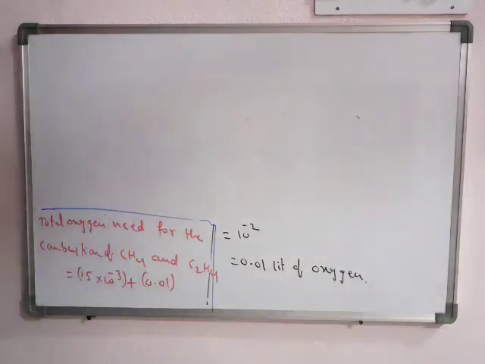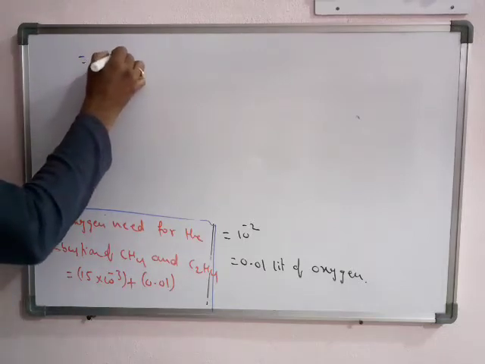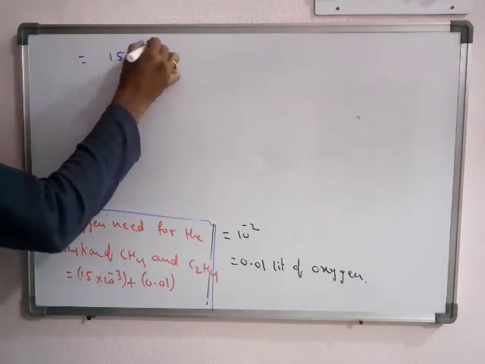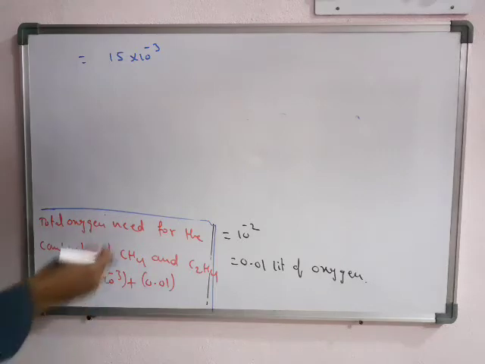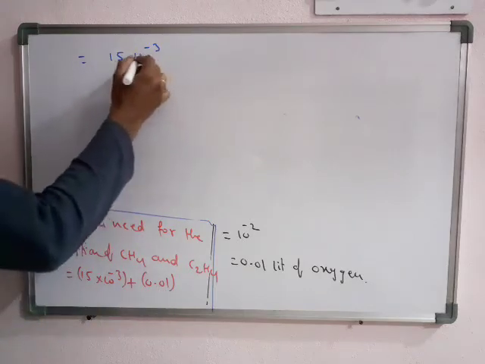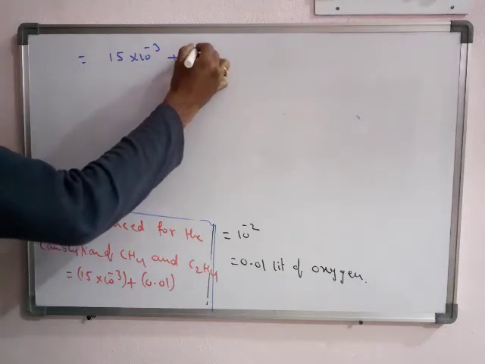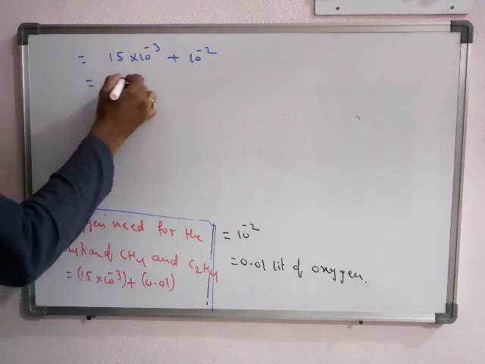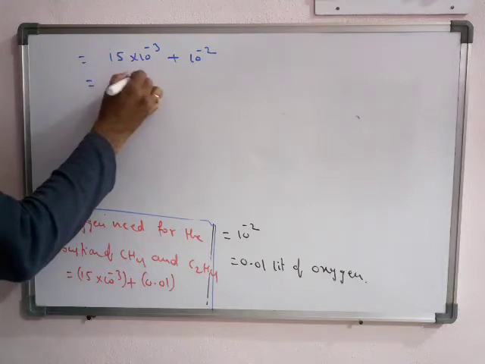On general calculation, here we have 10 power minus 3 and here only 10 power minus 2. So take 10 power minus 2 common.